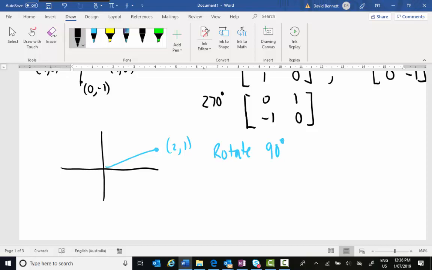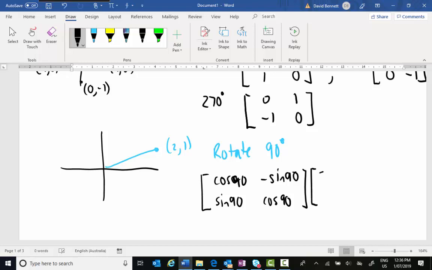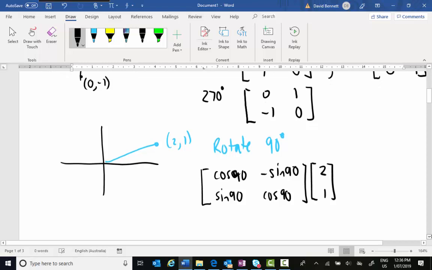Remember my matrix, which is cosine theta, minus sine theta, sine theta, cosine theta. Let's write this straight away with cosine of 90, minus sine of 90, sine of 90 and cosine of 90. And I'm going to multiply that by the point (2, 1), so that's 2, 1 as my matrix there. So that's what I need to do.